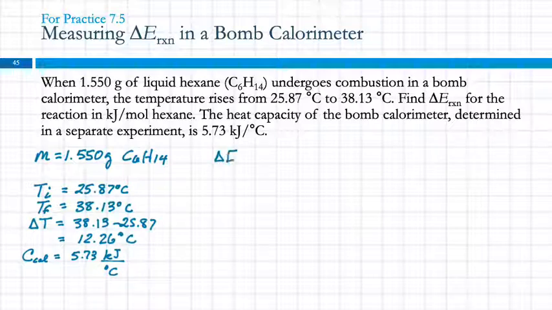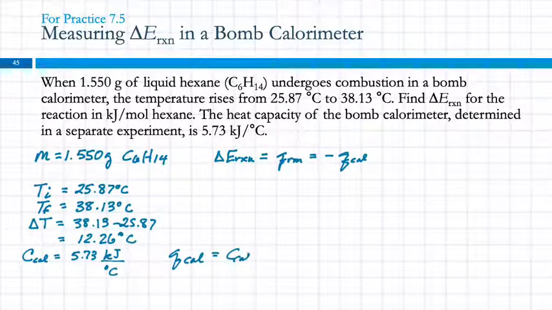So delta E for the reaction is equal to Q for the reaction, which is negative Q for the calorimeter. The heat lost by the reaction is gained by the calorimeter. Their signs are opposite. We can calculate Q for the calorimeter.